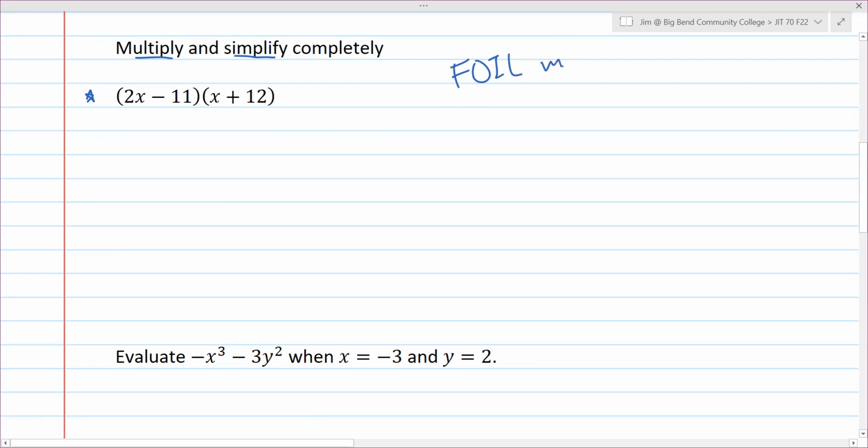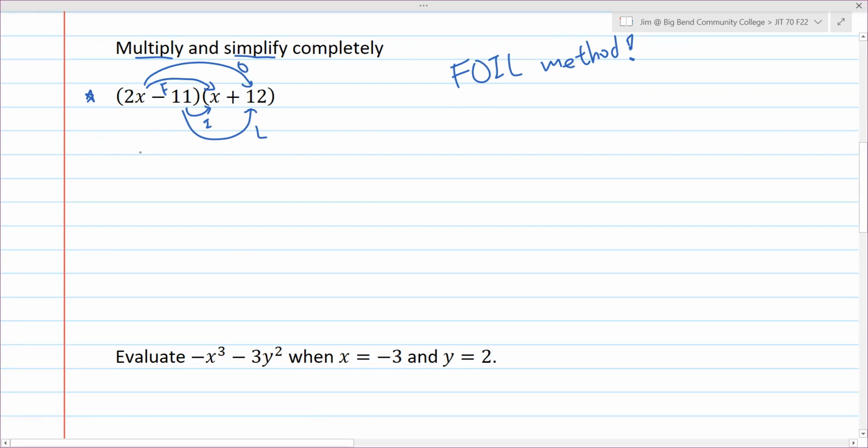And then the way for you to master that skill is to practice, practice, and practice, right? F stands for first. O stands for outside. How about I? I stands for inside. Yes, and then L stands for last.